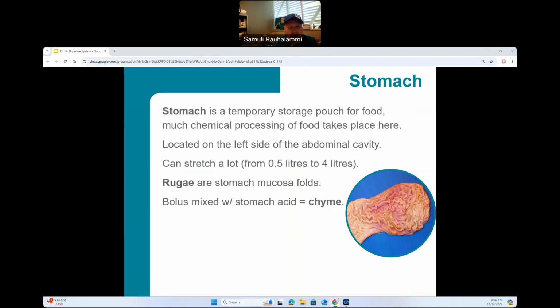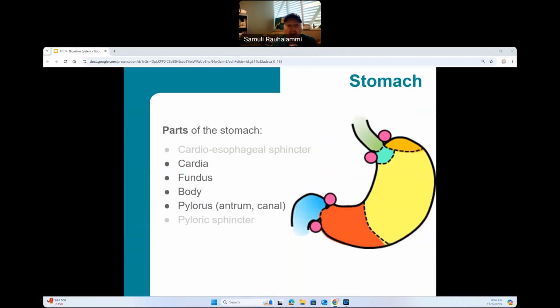Now I think that we're ready to look at different portions of the stomach. The stomach can be divided into different regions. So first we'll see the cardia on this diagram, kind of that turquoise color. This is the portion where the esophagus joins the stomach. So that's the junction area, the cardia area.